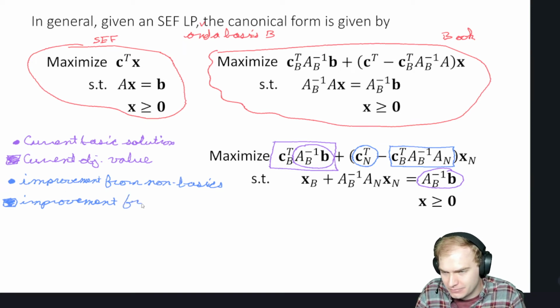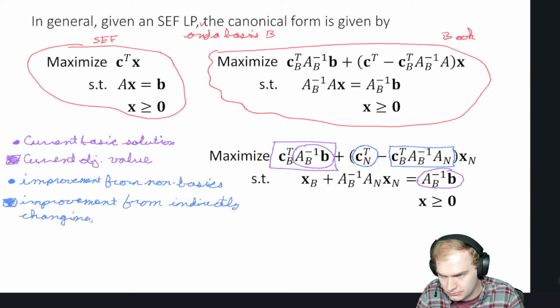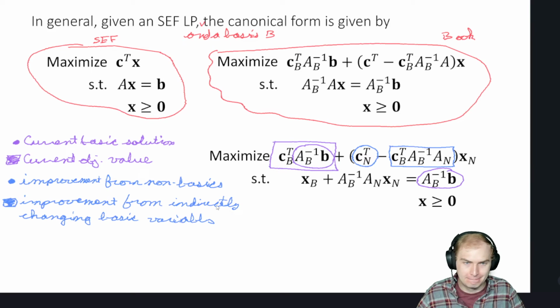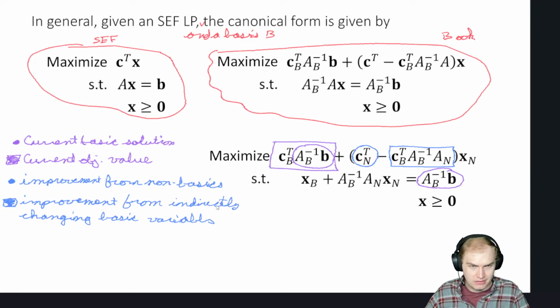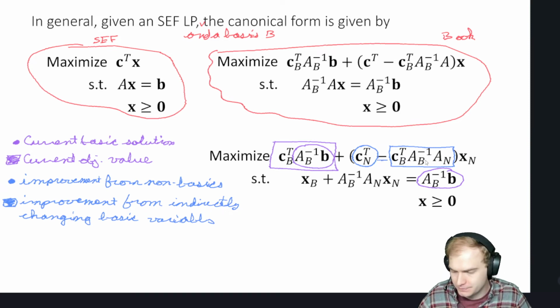Improvement from indirectly changing the basic variables. And we need the minus because that, for whatever reason, turns out to be a negative value.